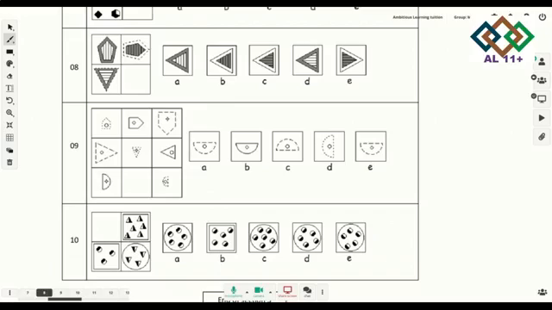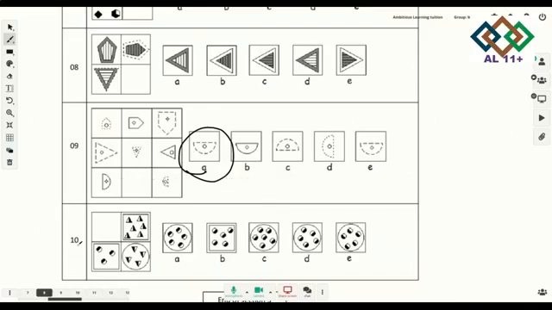The large shape will have a shaded outline. The medium one has a solid line and the small one has a dotted line. So the center shape changes. Each row and column has one of each color, diamond and stars. So obviously the answer would be A, because we need a shape like this one, and we need the shape going this way and it has to be a dotted one.